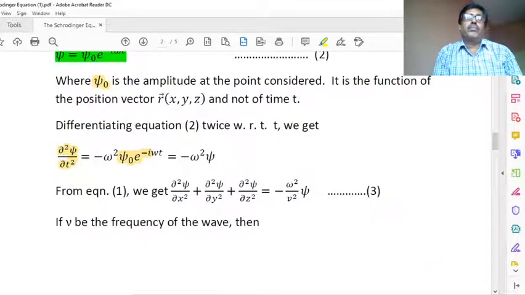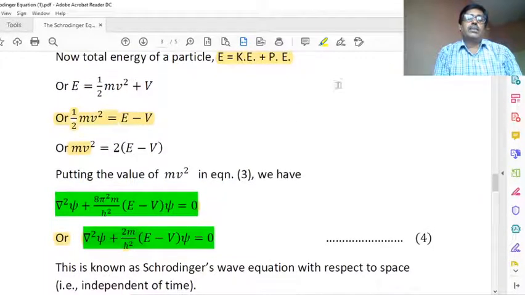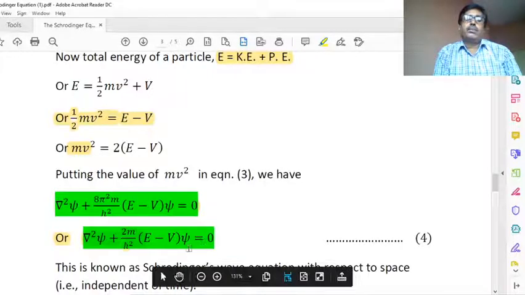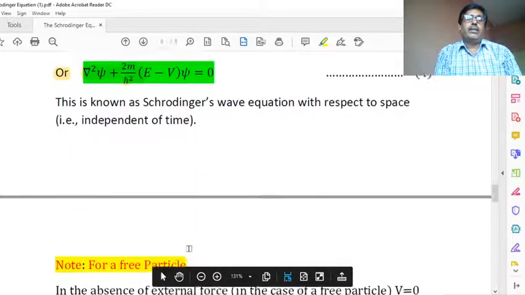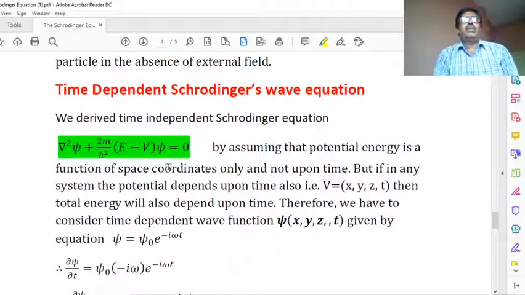I am coming to equation 4. So again I have written here the time independent equation, by assuming that potential energy is a function of space coordinate, meaning V depends upon r only, not t.